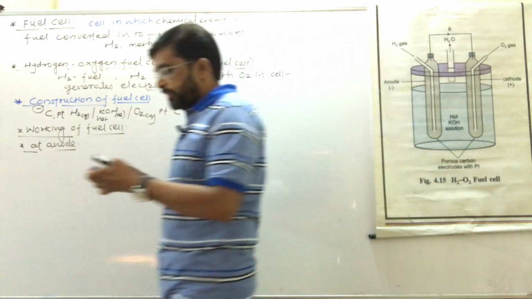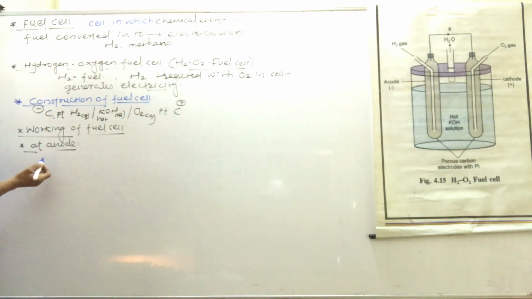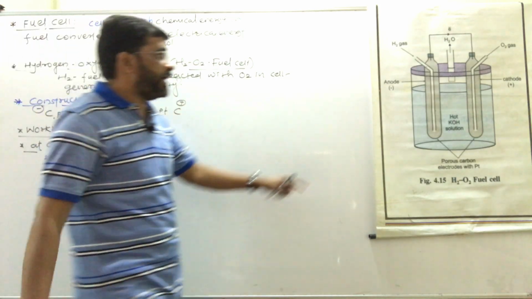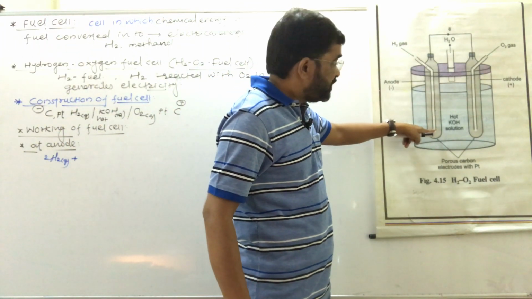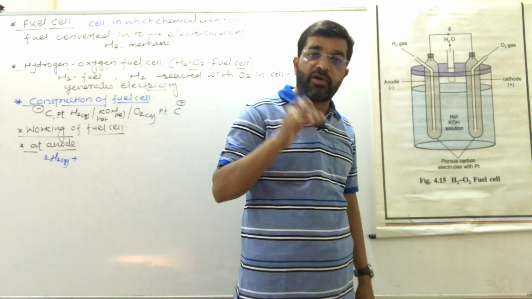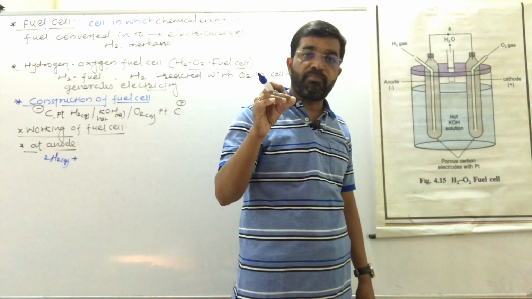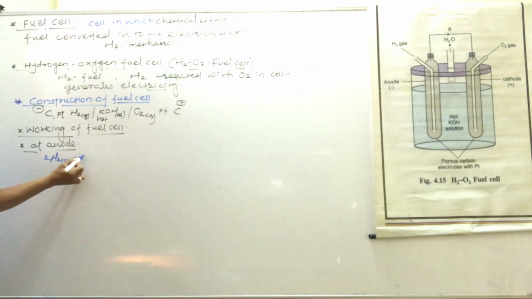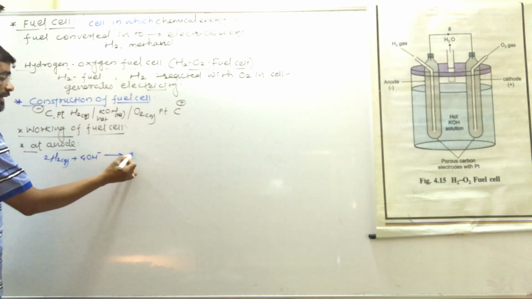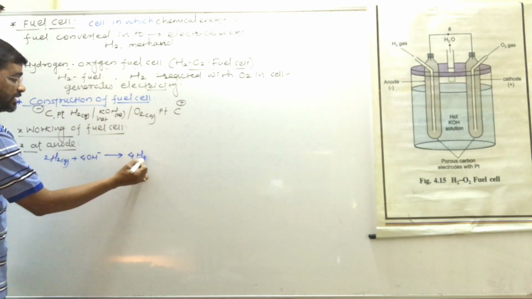So here see the reaction taking place at the anode. When hydrogen gas is passed at this anode, it reacts with the hydroxyl ions of the alkali.